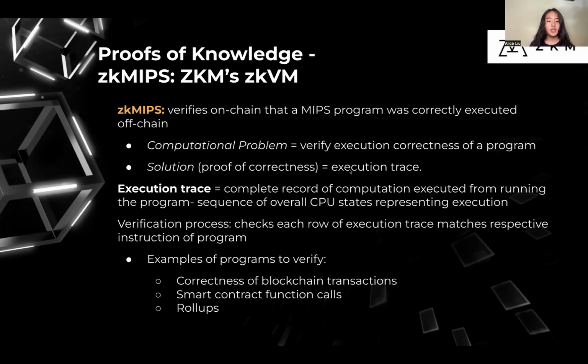So it's commonly represented as a table with columns representing the CPU variables and the rows as the different steps of the computation. The verification process of this execution trace involves checking that each row of that trace matches the respective instruction of that program.